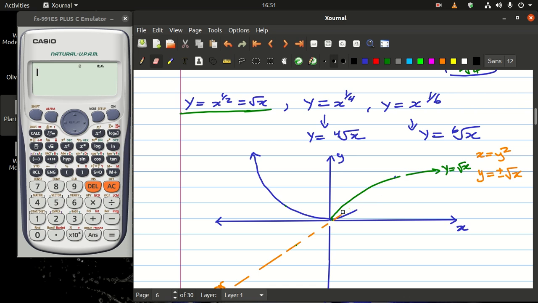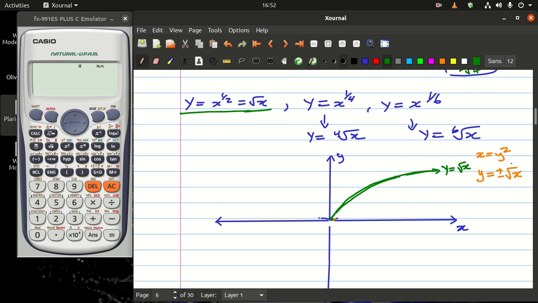We don't need that. Let me remove it. We got what we wanted. Now that we have what we wanted, it would look something of this kind, square root of that.